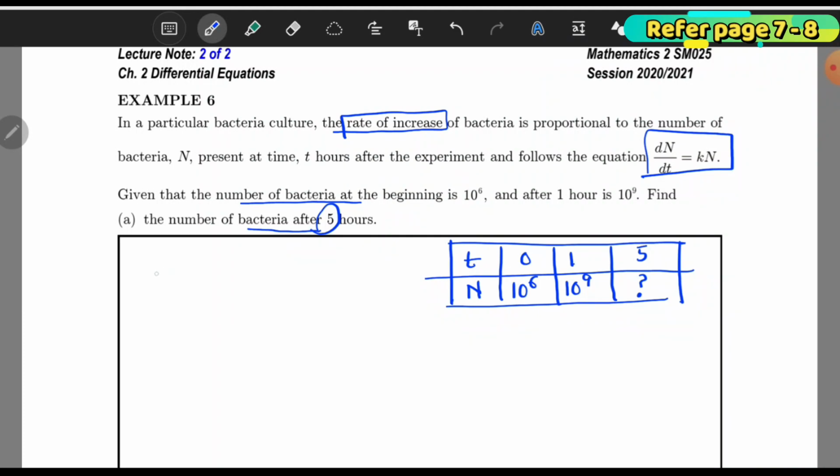From the given equation, we can write dn/dt equals k times n. So we try to separate. We have 1 over n dn equals k dt. Next, we integrate both sides. We will get ln n equals kt plus c.